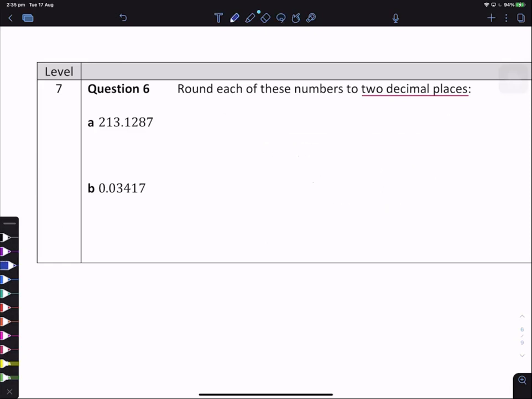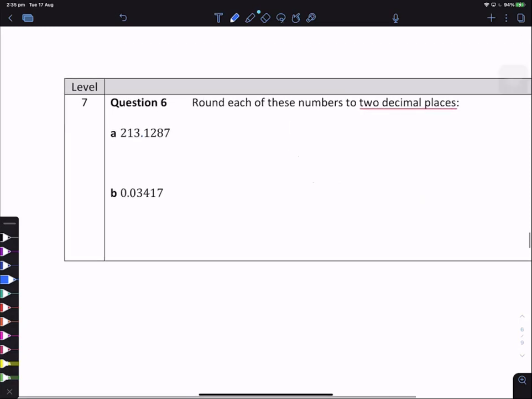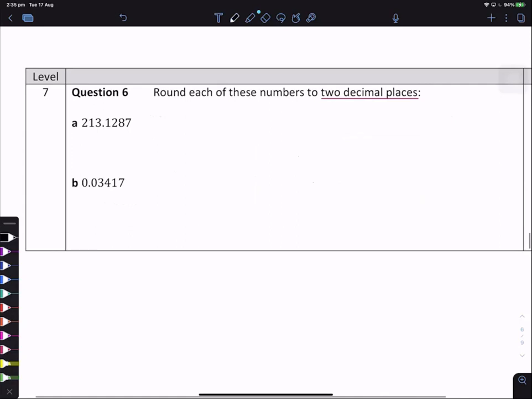So 2 decimal places means that after the decimal point, here's our decimal point, we need to underline the next 2 numbers. So I'm just going to rewrite this number out just so it's nice and big. 213.1287. Here's our decimal point. After that decimal point, we want 2 decimal places.